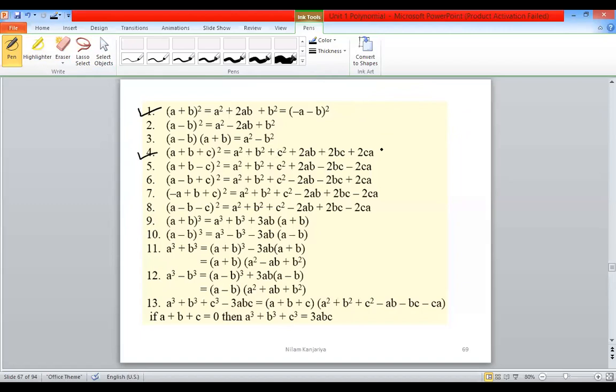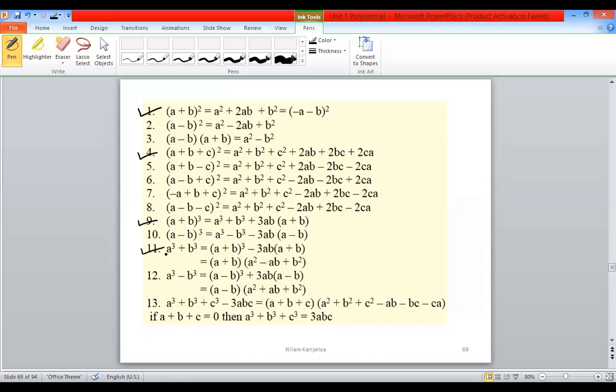It gives you again positive numbers. And this is the positive a plus b whole cube. This gives the positive identities. And this one, a plus b whole cube, gives you the same thing.